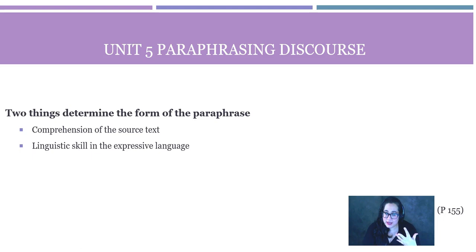But secondly, you've got to have enough skill in your expressive ASL to be able to render the message. So you should feel good because that's what we're doing. So again, those two things determine the form of the paraphrase.